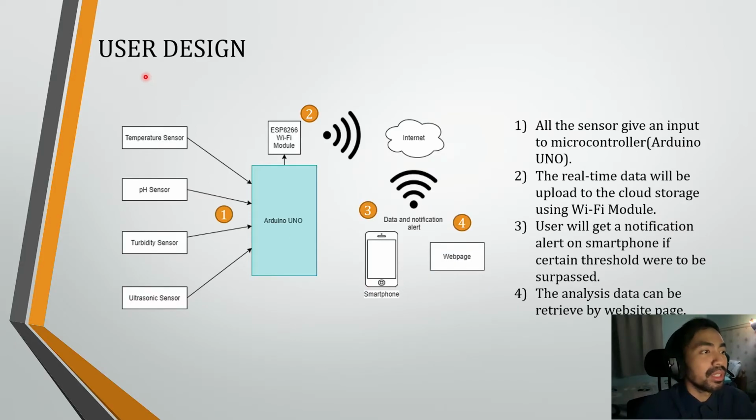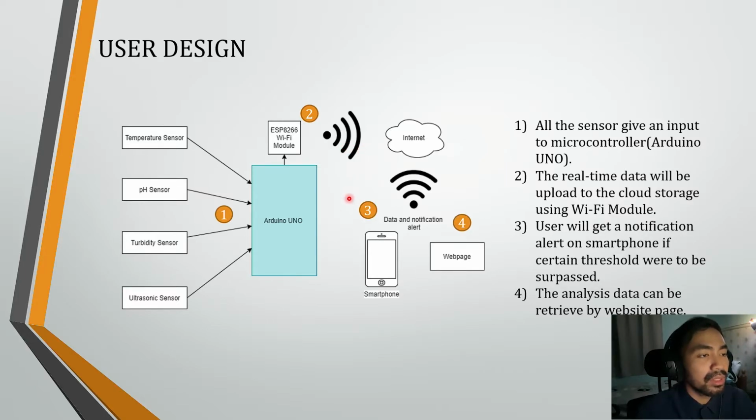Okay, user design. This is the user design for the first section. All the sensors give an input to the microcontroller, which is Arduino Uno. Then the real-time data will be uploaded to the cloud storage using a Wi-Fi module.